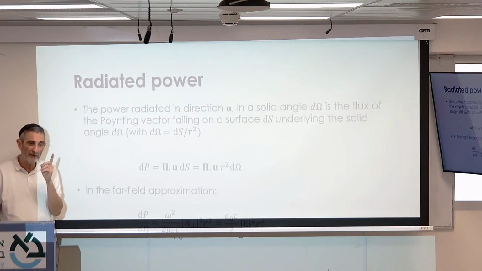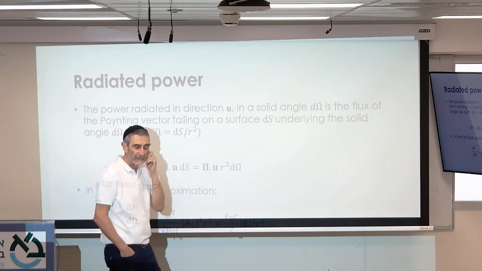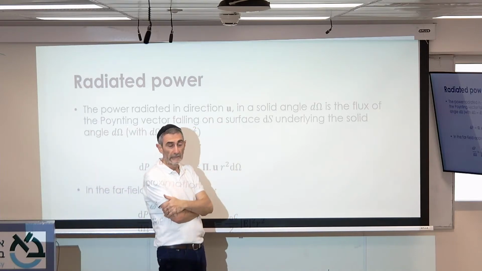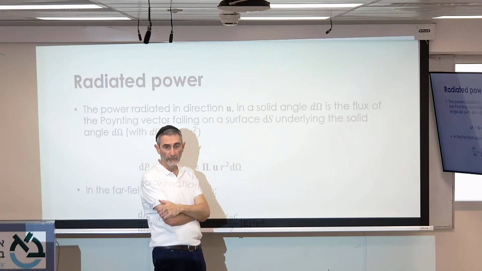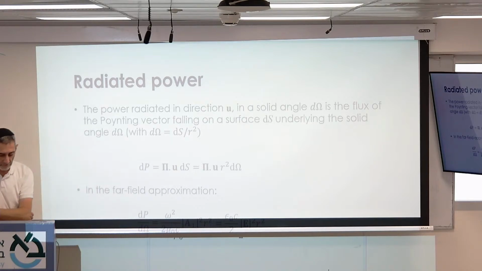The Poynting vector is not a power, it's the flux of the power. This is the power through a given small unit surface dS.